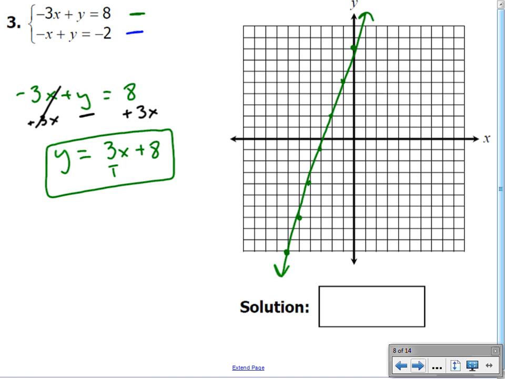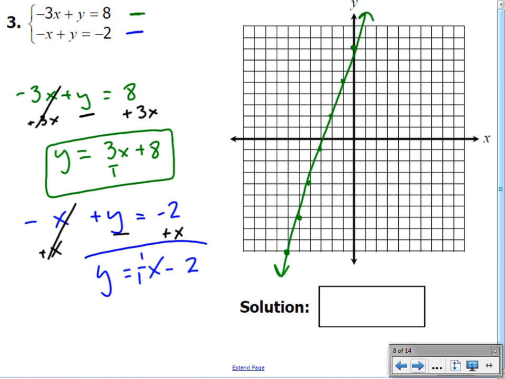Now we have to do the same thing for the second, so I'm going to do this in blue. I'm going to rewrite it down here. And this time, again, we're solving for y. We need to add x to both sides. So when we do that, we get y equals x minus 2. So we're ready to graph.